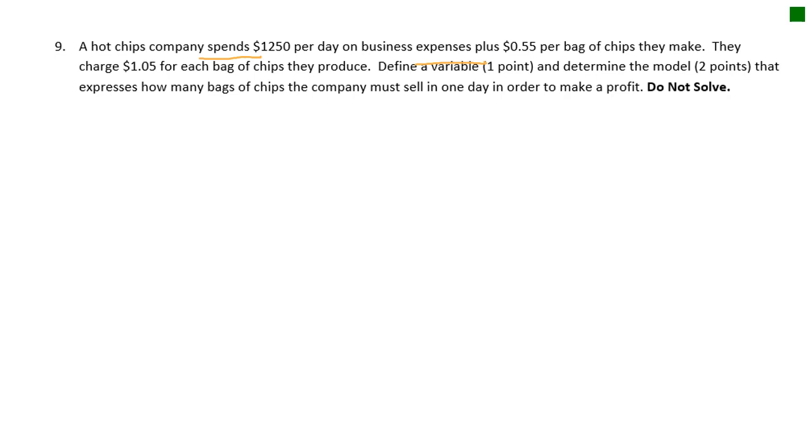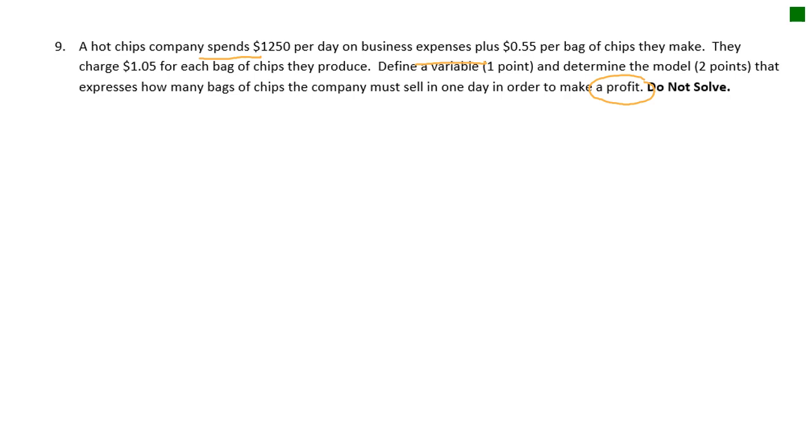All right, notice that this problem does not tell you if you're going to use an equation or an inequality, right? But think about it. They're asking how many bags of chips the company must make to make a profit. Remember again, profit is the money that you're gaining, money that you want to keep, money that's for you. Expenses is the money that you're wasting.